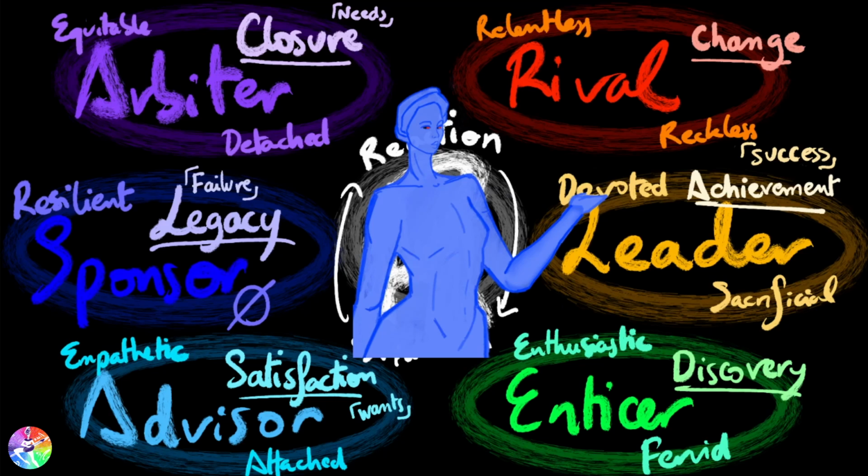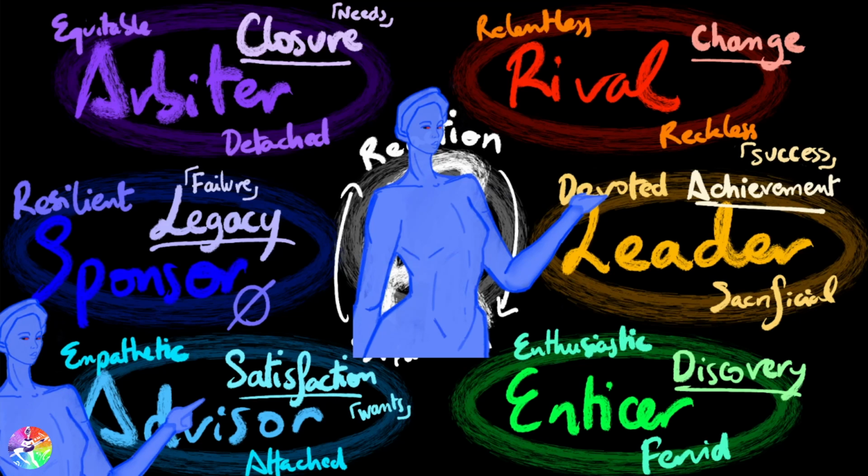Same thing for the leader, closest from the rival and the enticer. So she's most likely to develop affinities and attach herself to these two roles, the two characters bearing these roles. But there's another kind of attachment to consider here.